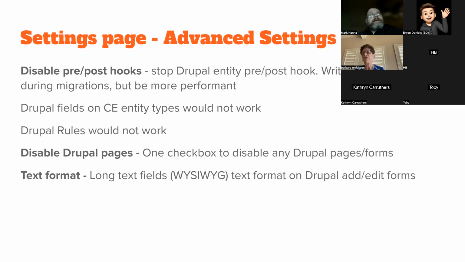So to get the CKEditor and those types of things, we hard code what the text format is that is used, and so you can choose that if you want the basic or more advanced or custom text formats.